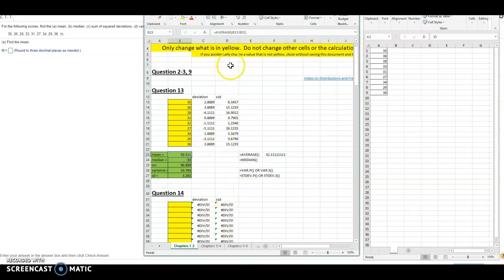Using the mean, we have the command equals AVERAGE. This was built for you. But if you type in equals average and then highlight the cells, as you type it in, these commands will pop up for you, and then you highlight the data, and it's going to give you the same value you have over here.